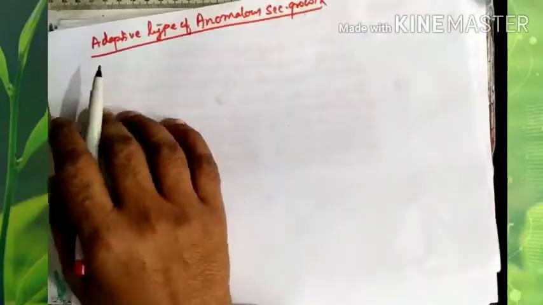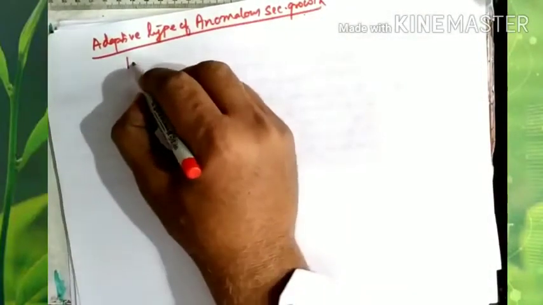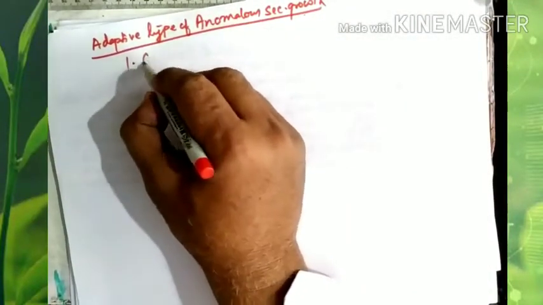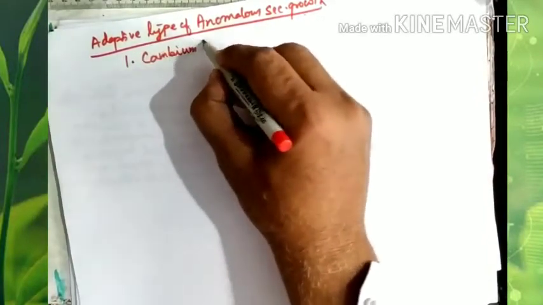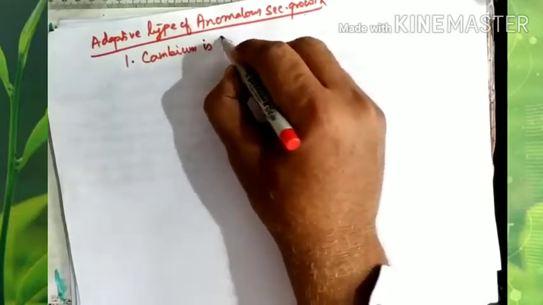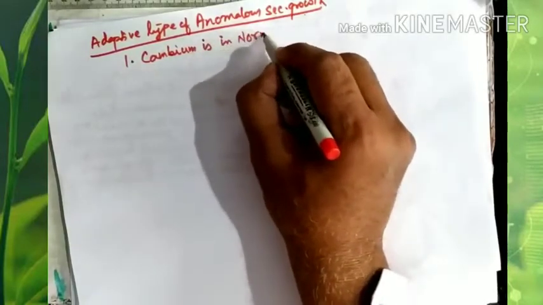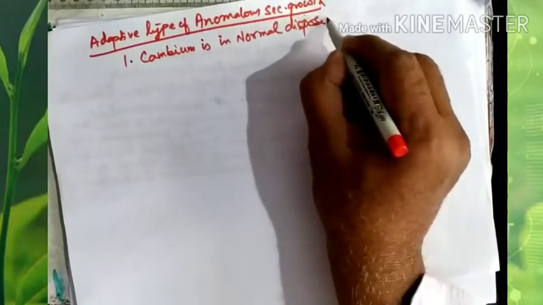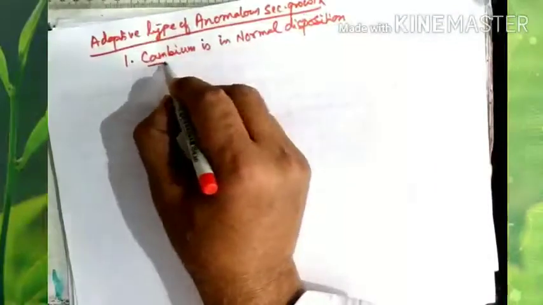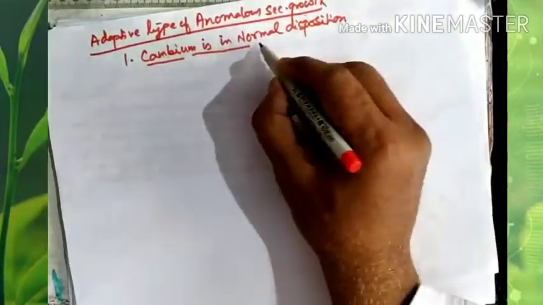First, in this type, the first condition, when the cambium is in normal disposition, means the cambium is found where it is supposed to be found.